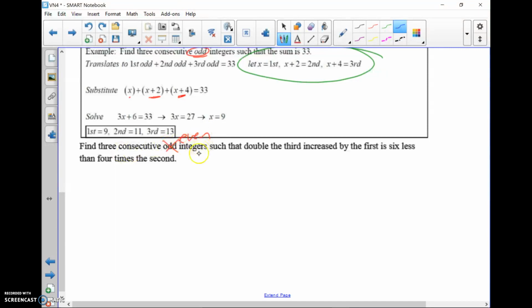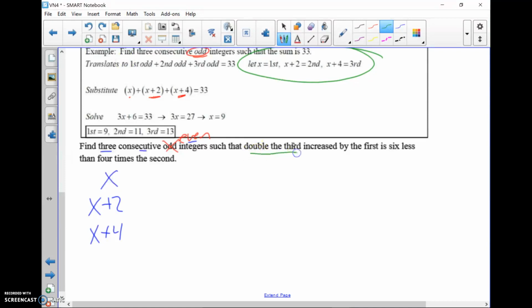Find 3 consecutive even integers such that... So first of all, 3 consecutive even integers. So that's going to be x is the first, x plus 2 is the next even integer, and x plus 4 is the next even integer. All right, so then what does this translate to?